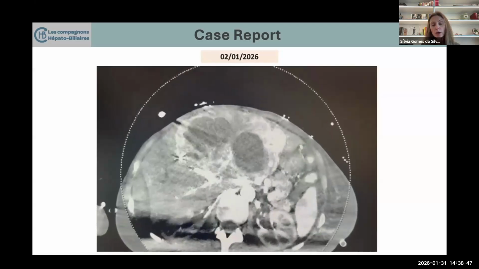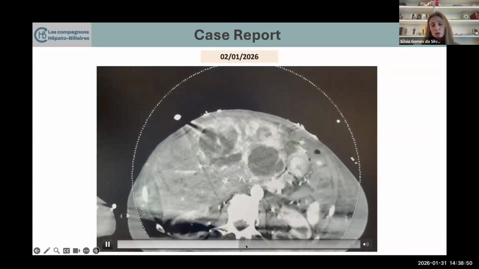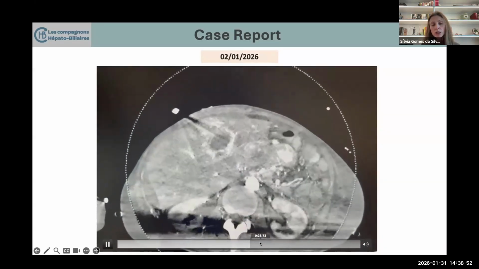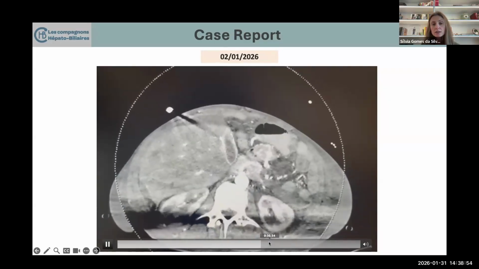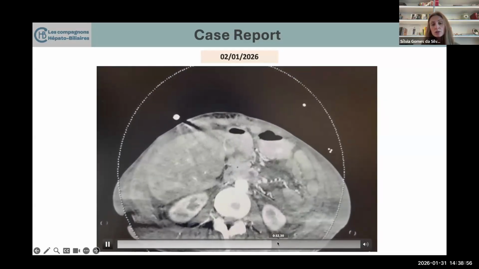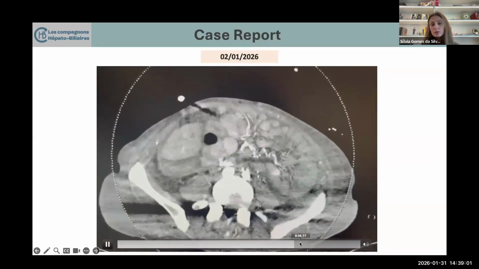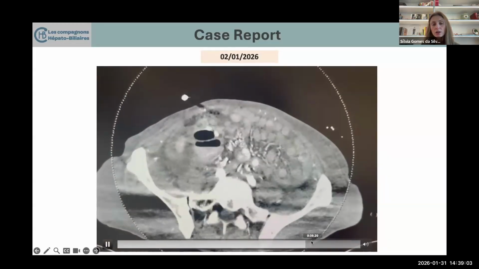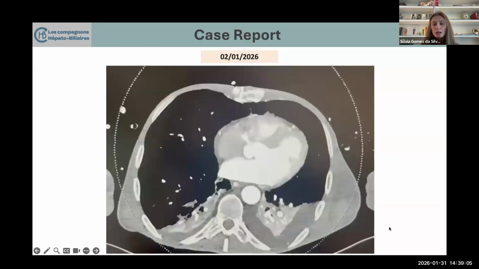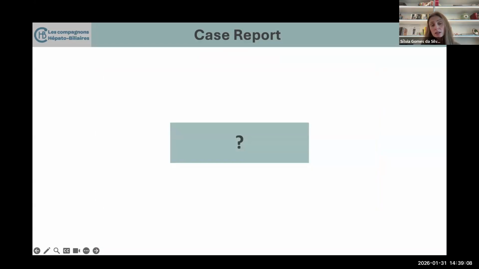We have at this point a patient in the ICU recovering from a cardiac surgery, but with carcinoid crises causing a lot of instability. So they called us again, and I want to ask your opinion now. Do you think we could do something to get this better, to save this patient?